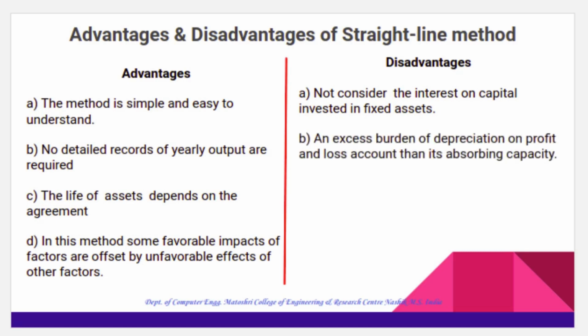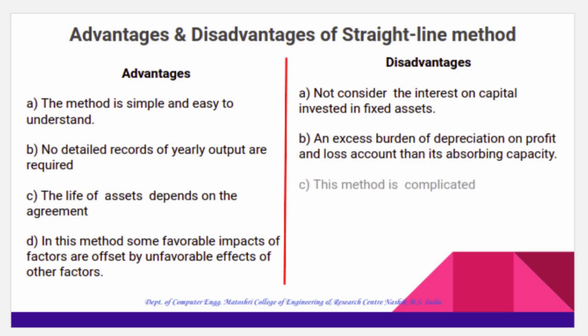Second, in the initial period the repairs of a new asset are low, and later when it becomes older its service rendering capacity reduces while repair charges increase, and hence there will be an excess burden of depreciation on the profit and loss account beyond its absorbing capacity.